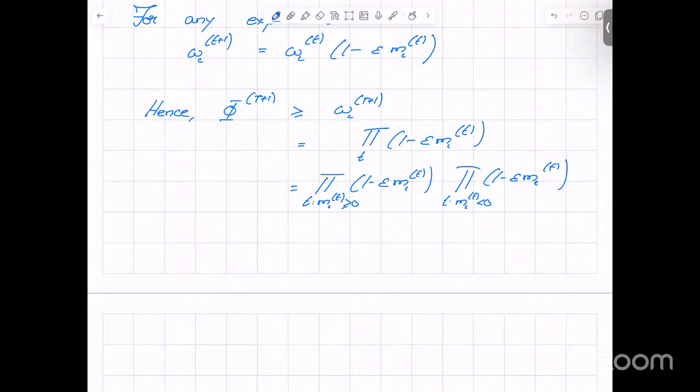I want to put a lower bound, I want to say this quantity is larger than 1 minus epsilon.